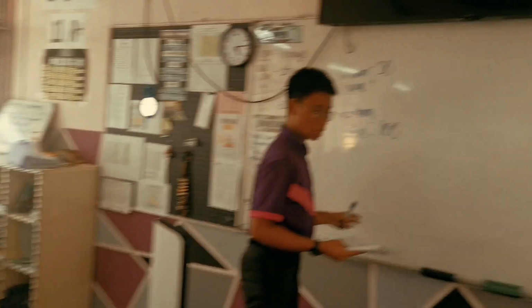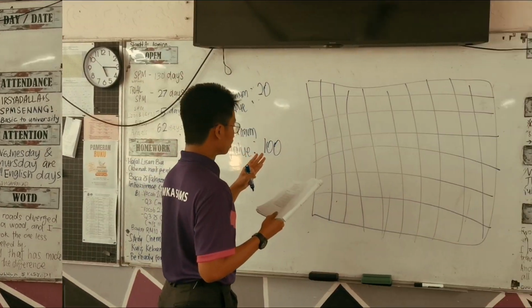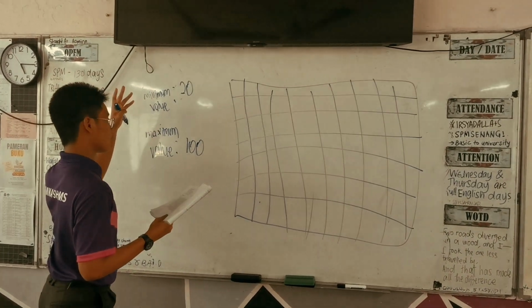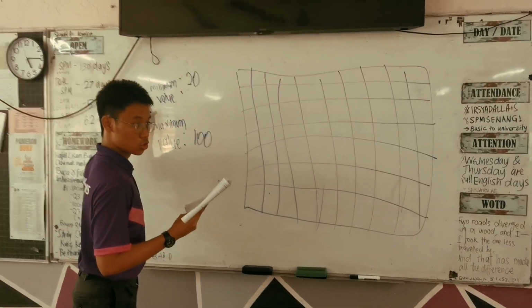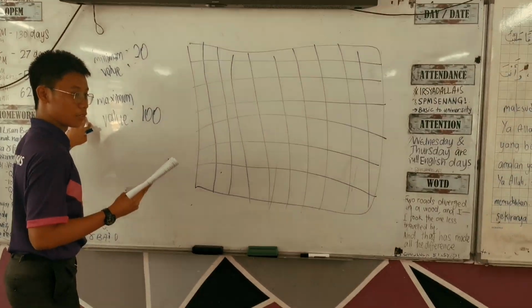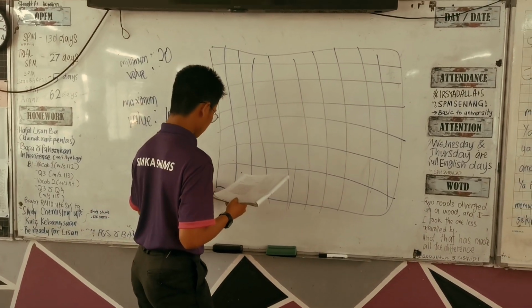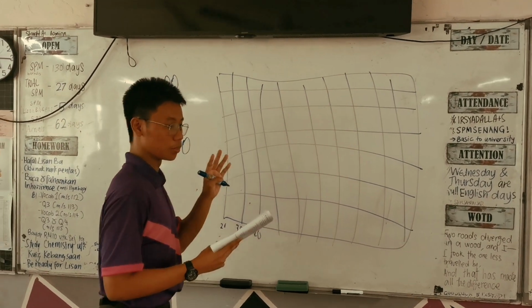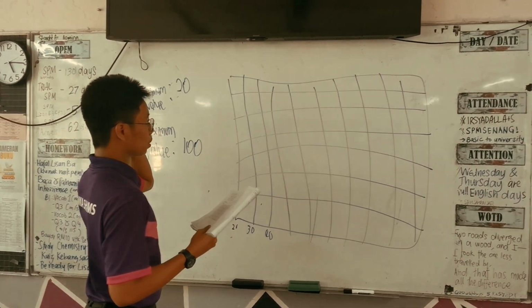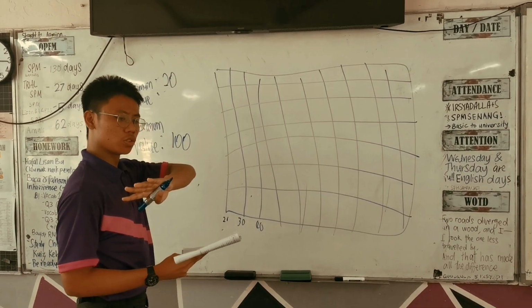I'll put an example of a graph. As you remember, for the data of the amount spent, the minimum value is 20 and the maximum value is 100. Alright, so we put 20, 30, and all the data from the first interval to the last interval.